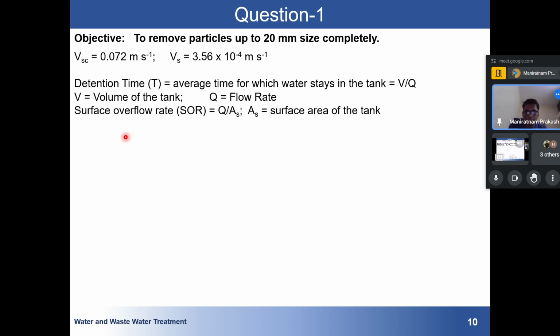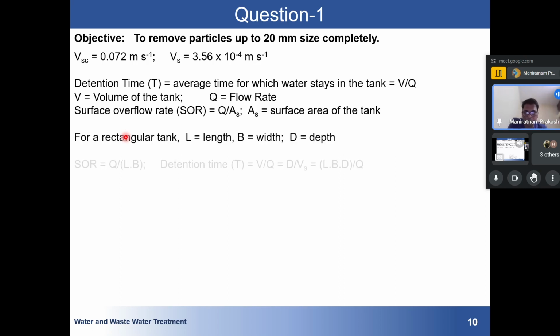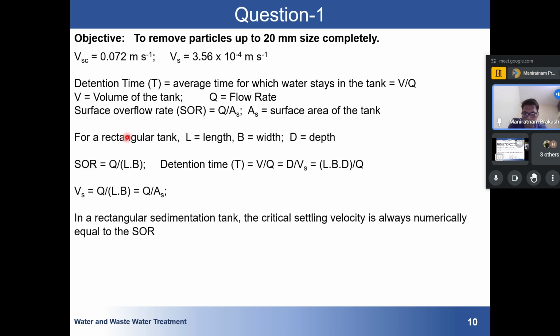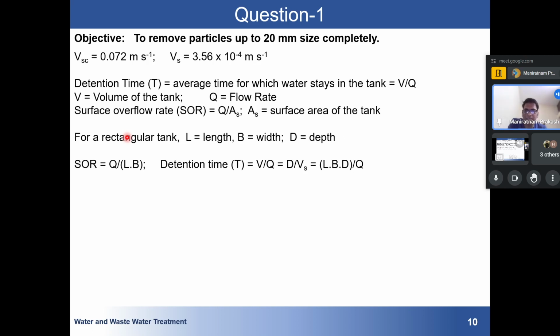For design SOR, generally you will be given the flow rate for which you want to design your tank. Generally it is taken between 25 to 30 meter per second.